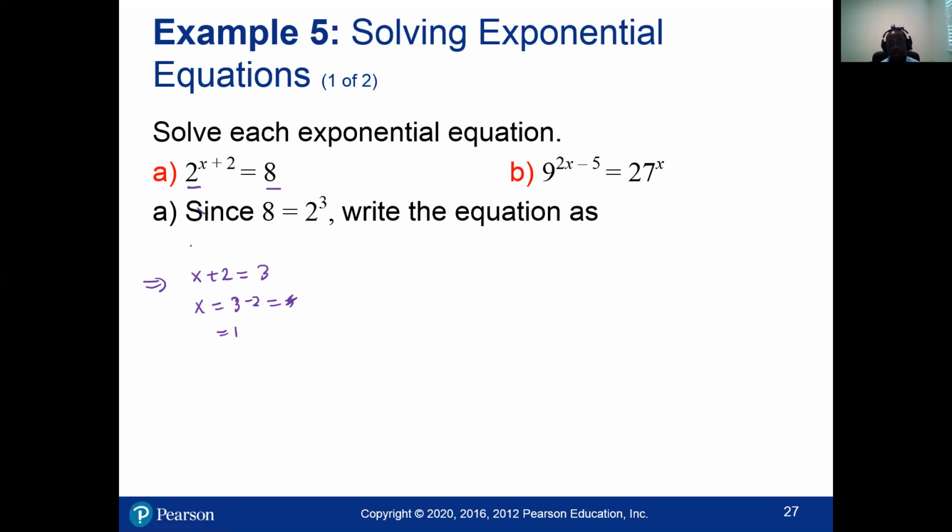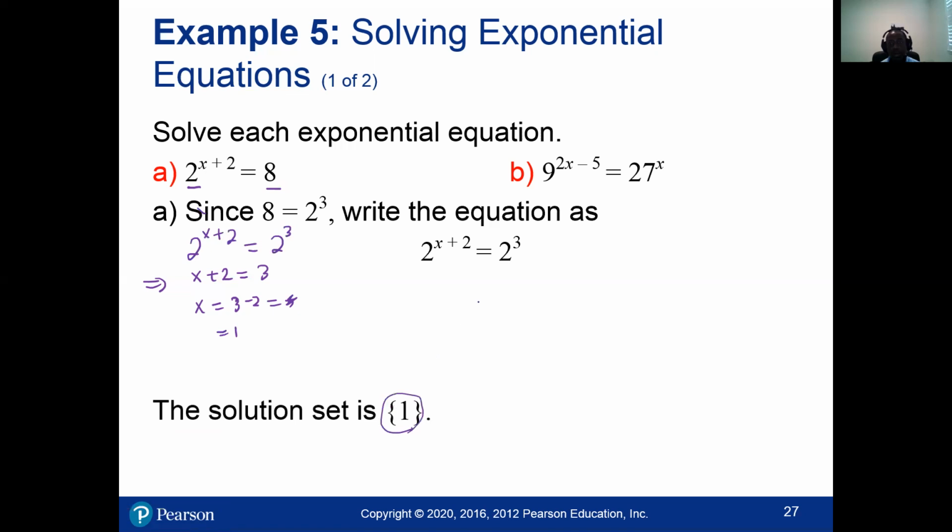This is 2 to the x plus 2 equal to 2 to the third, and then we equate the exponents. So what's the solution set? The solution set is x is equal to 1. We can check. It's always good to check your answer.